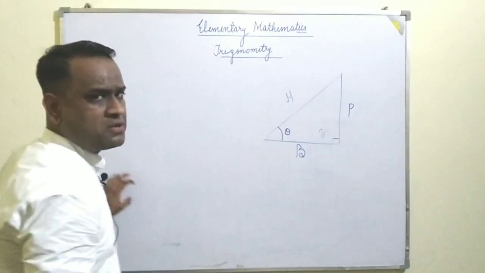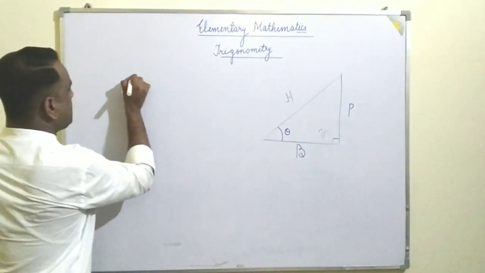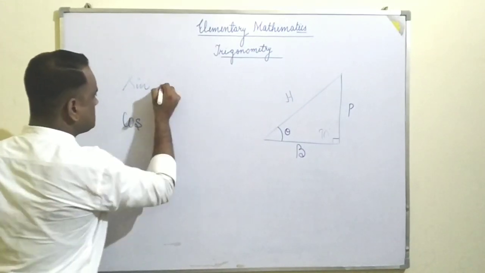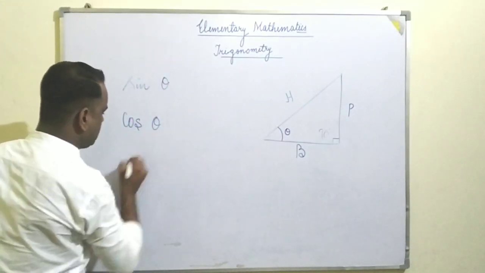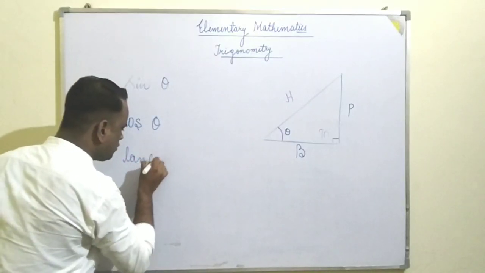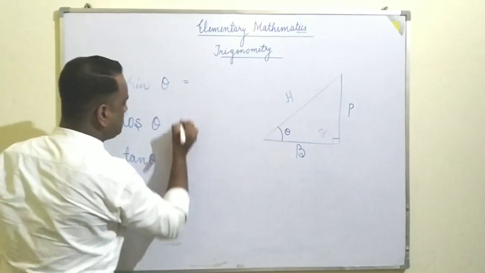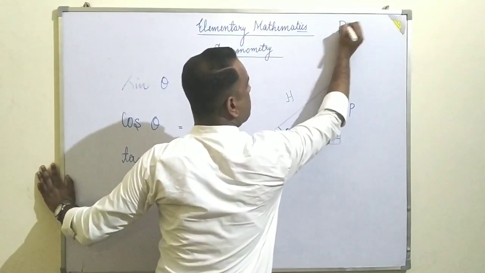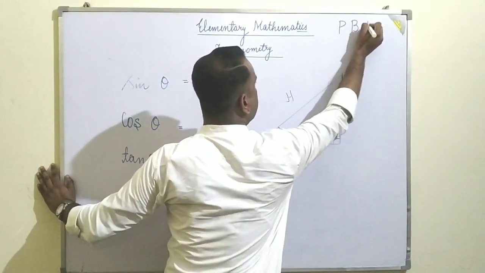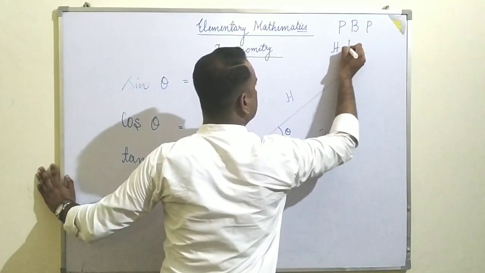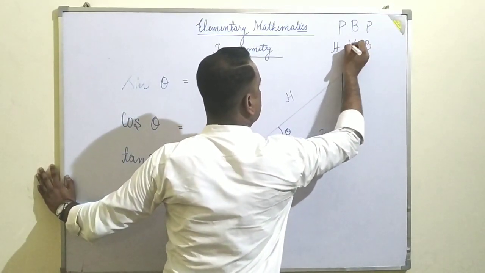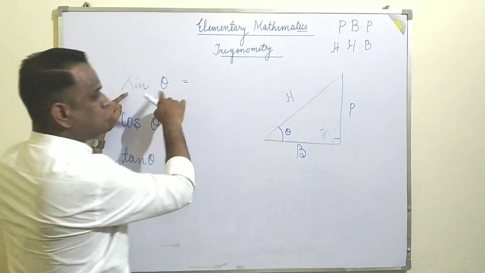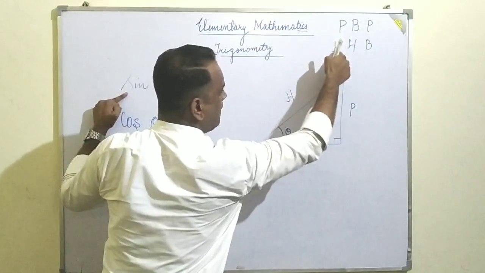There are some trigonometrical functions: sine theta, cos theta and tan theta. For memorizing easily, there is a trick: P B P upon H H B. So sine theta is equal to perpendicular upon hypotenuse.